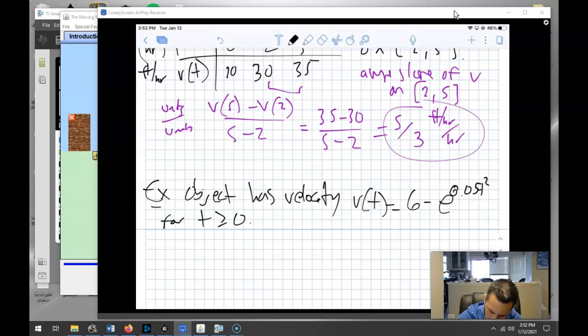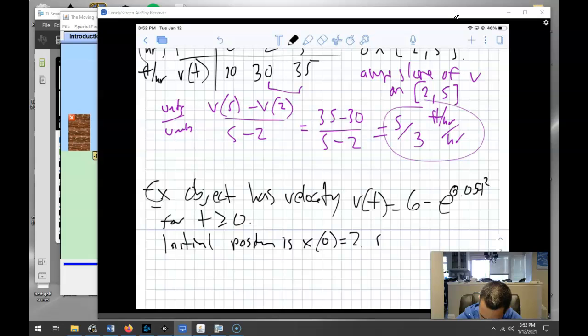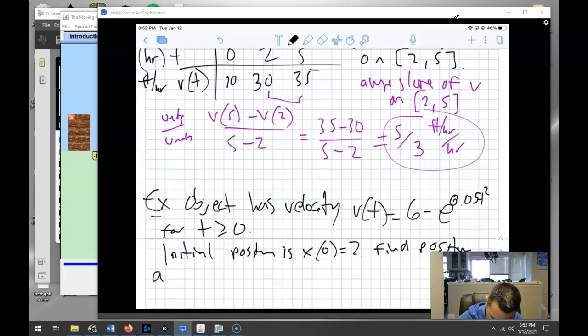And then the initial position is x of 0 equals 2. And then I'm going to ask you to find the position at the time this object is first at rest.